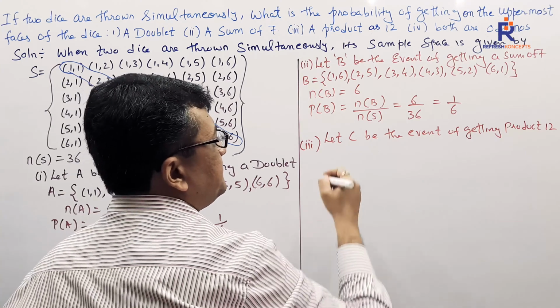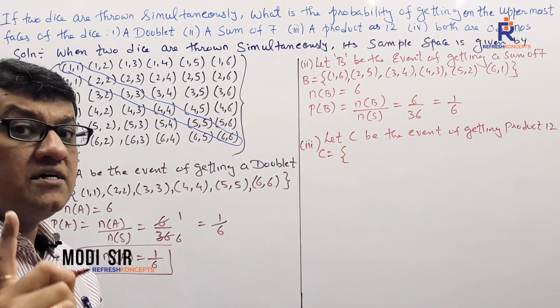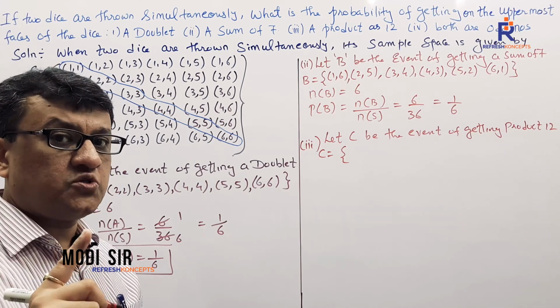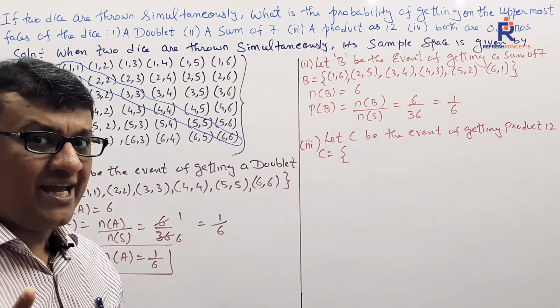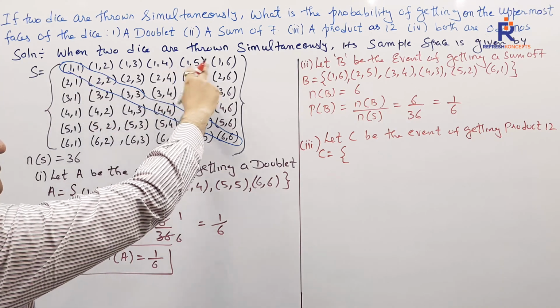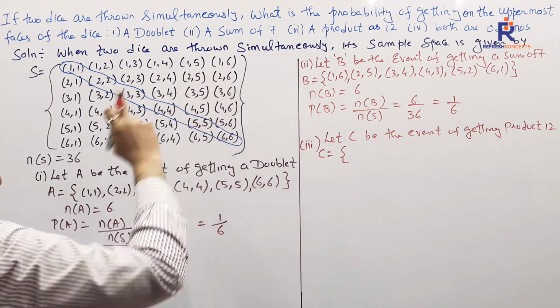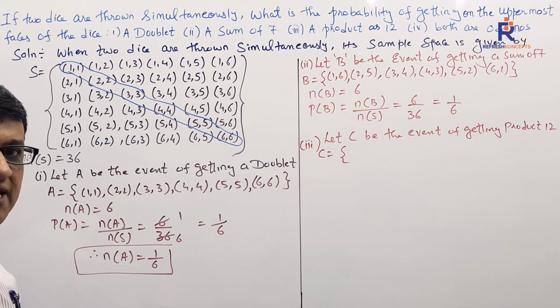So what is the answer then? C is equals to. Now I want product, means the score on the first one into the score of the second one should be 12. Any one in the first list, the highest is 1 and 6, so 6 ones are 6. It doesn't turn up.